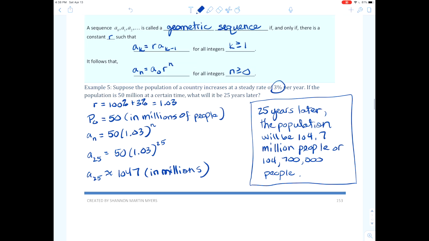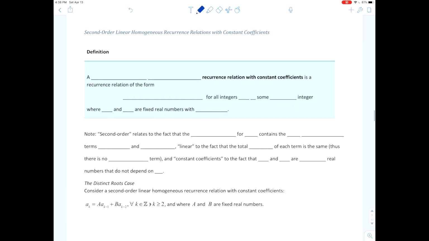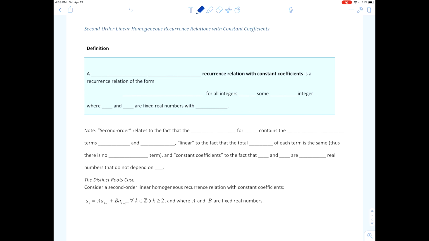All right. So moving on to second order linear homogeneous recurrence relations with constant coefficients.